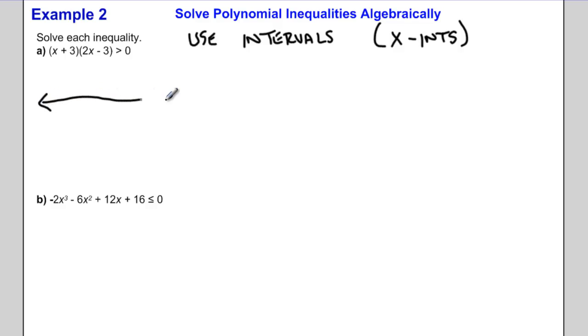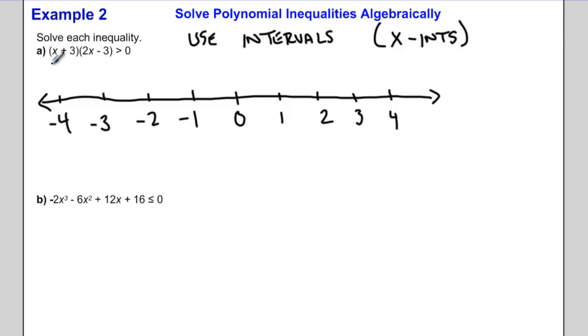So on a number line, I know that I have an x-intercept of negative 3. I'll just draw a little dotted line through negative 3 on my number line to show that's where my x-intercept is. And I have another x-intercept at 3 halves. So a dotted line between 1 and 2 on my number line.